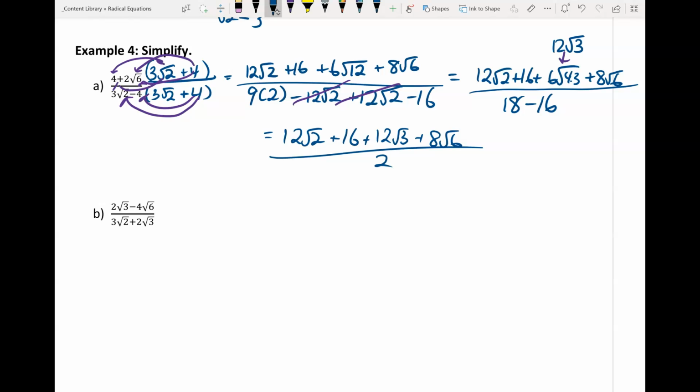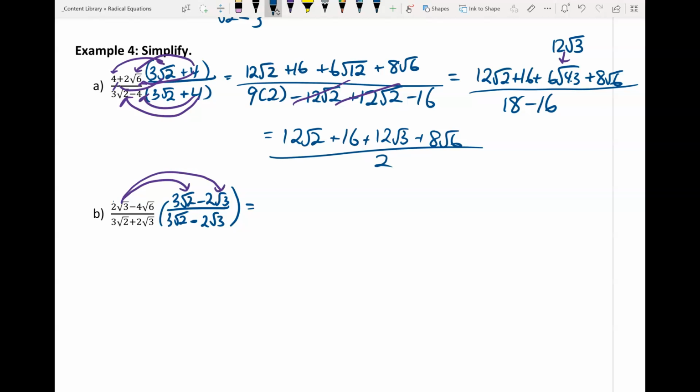Moving on to B, we're going to find the conjugate in our denominator. So that would be changing this plus to a negative. So that's 3 root 2 minus 2 root 3. I'm going to do the same top and bottom. All right, so we're going to do 2 root 3 times 3 root 2 first, and then we'll do the other ones after.